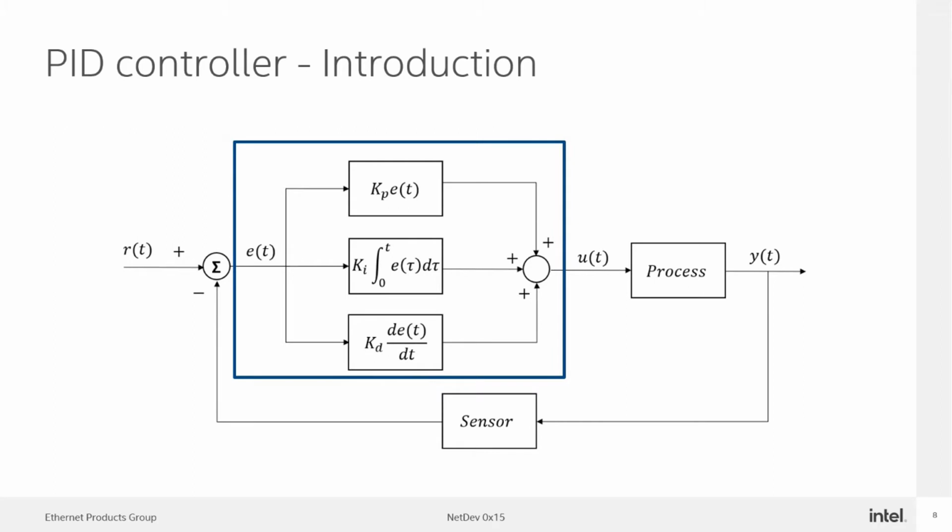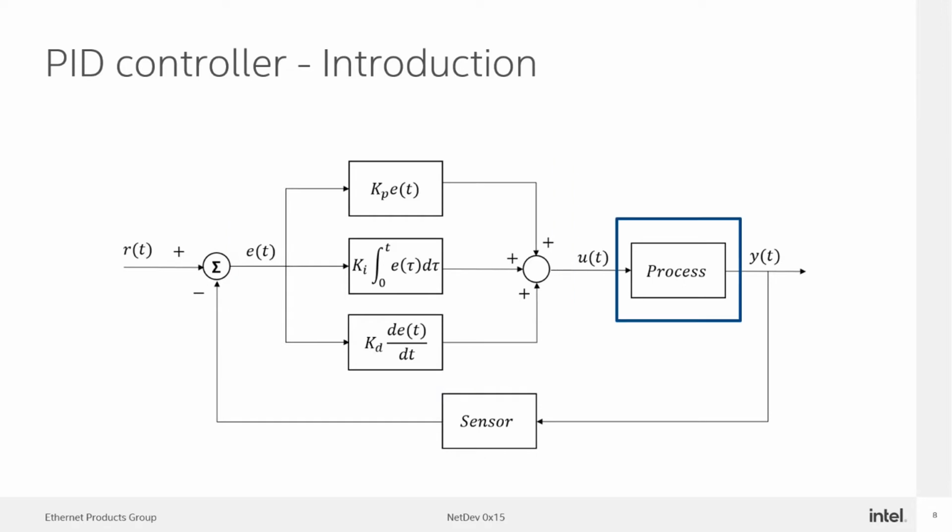Besides the controller, the other part of a control system is a process that is usually described by a transfer function. A transfer function represents how the process input signal transfers into the output signal. For example, we can refer to the voltage and the room temperature when thinking about air conditioning.